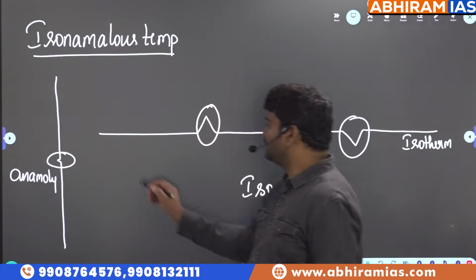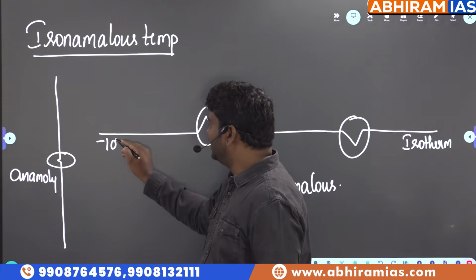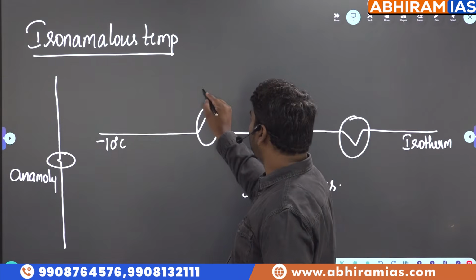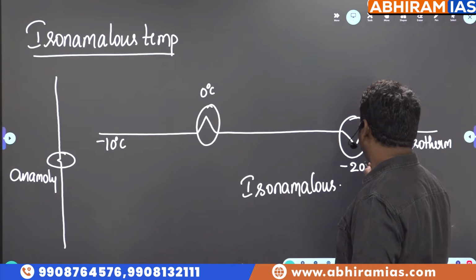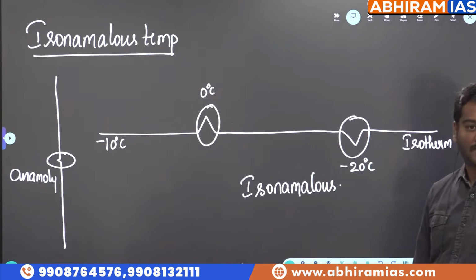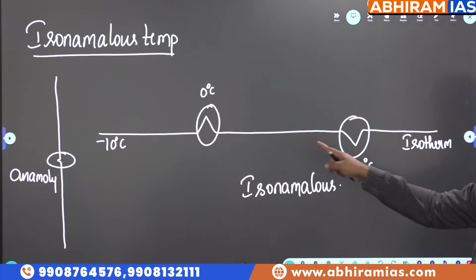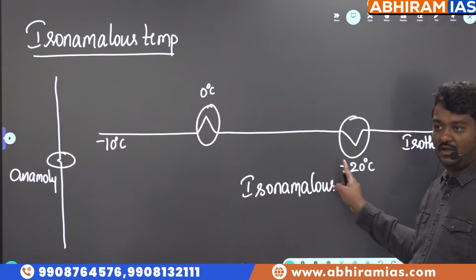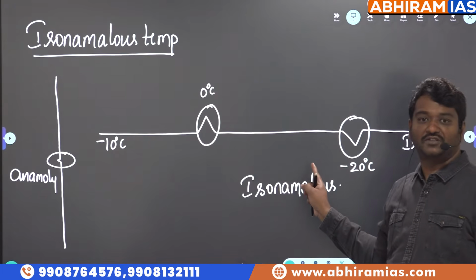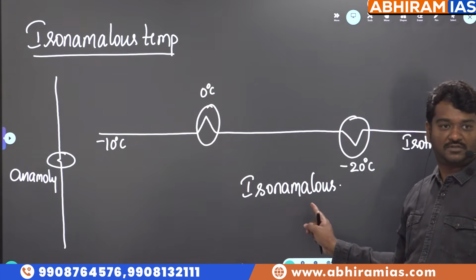What is the meaning of this? You see, this is minus 10 degrees Celsius. Here temperature became 0 degrees Celsius. Here temperature became minus 20 degrees Celsius. Right? So within isotherm, there is little bit small variation. When there is a small variation, then it is called as what? Isonormalous.